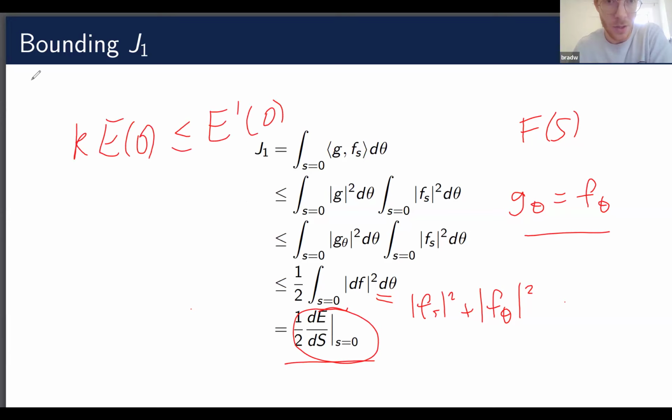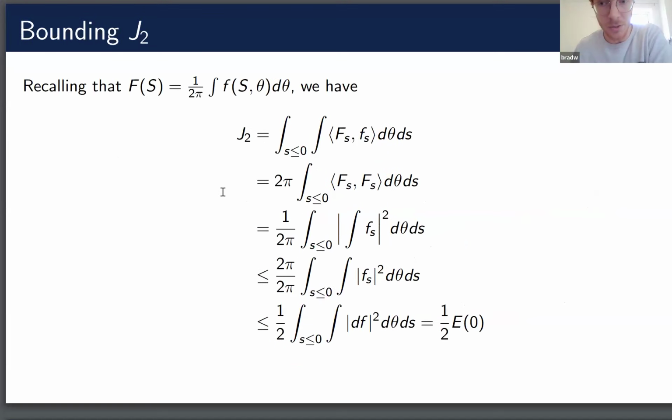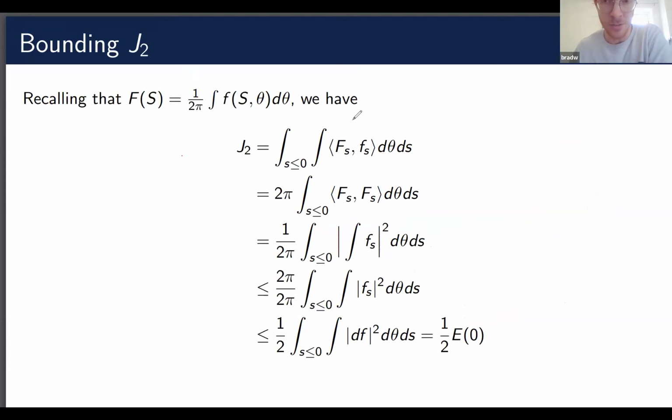Okay. Let's clear this. Okay. So now we need to bound the other terms. So J2 now. We have f of s equals this average again, and we just calculate it. Basically, if we bring this integral inside here, we get the norm squared of fs, and then just substituting that in again, we get this.